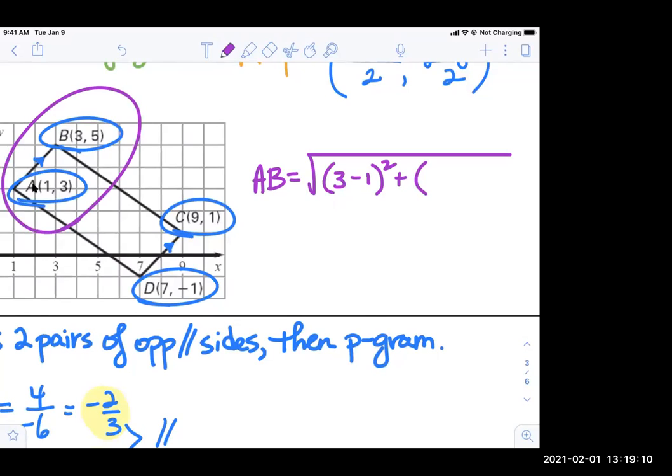No, I think I was supposed to do 3 minus 3. No, 1 minus. Okay, so 1 minus 3.